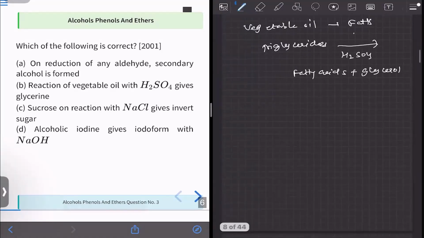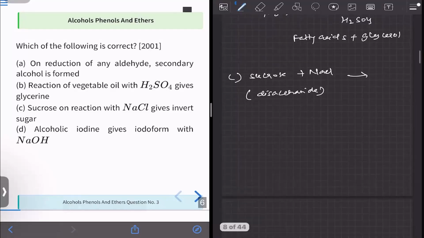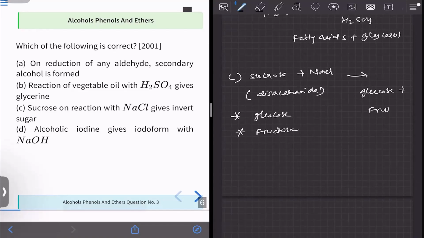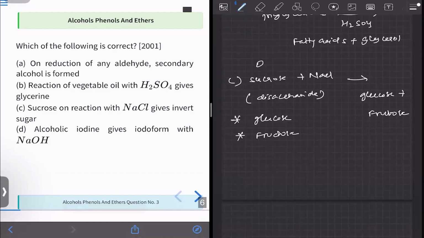Next, option C, sucrose. On reaction with NaCl, it gives invert sugar. We all know that sucrose is a disaccharide. So what does sucrose contain? Glucose and fructose. Whenever it undergoes hydrolysis, it produces glucose plus fructose. The rotatory value of sucrose is dextro, plus 62.5 degrees.